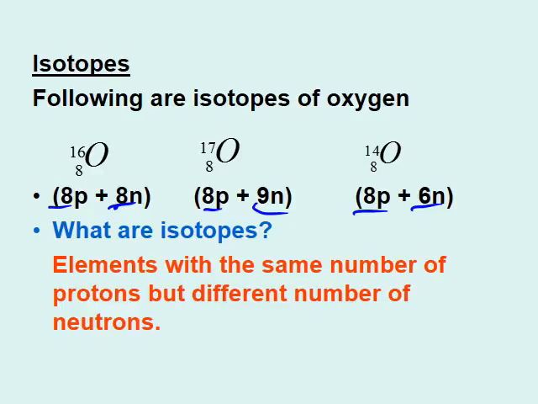So isotopes are really elements with the same number of protons but different numbers of neutrons. And in nuclear chemistry, we'll be using different types of isotopes for the same element. And their properties are also quite different.